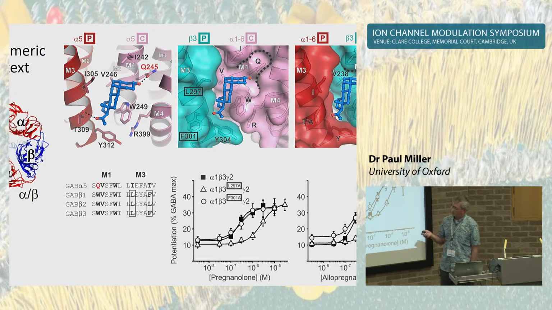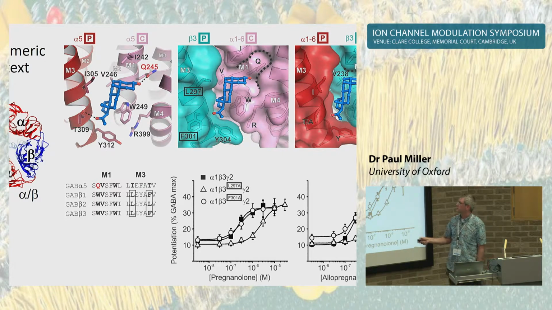And as we have a structure of the beta-3 subunit in the same conformation as our alpha subunit, we can simply swap in one beta subunit on one side or on the other. And what we can see is for the alpha-beta interface, the beta subunit introduces this tryptophan in place of the glutamine.